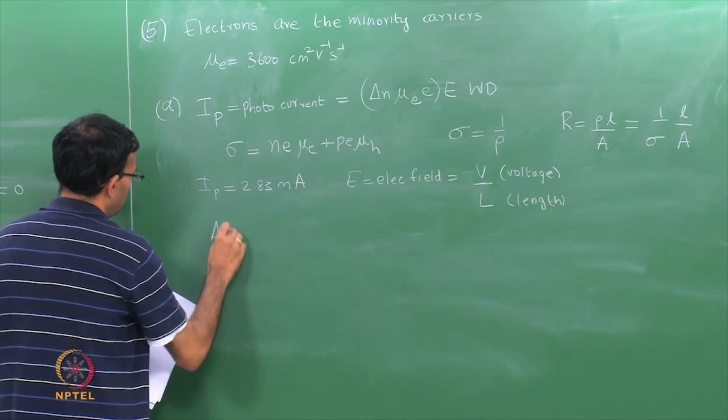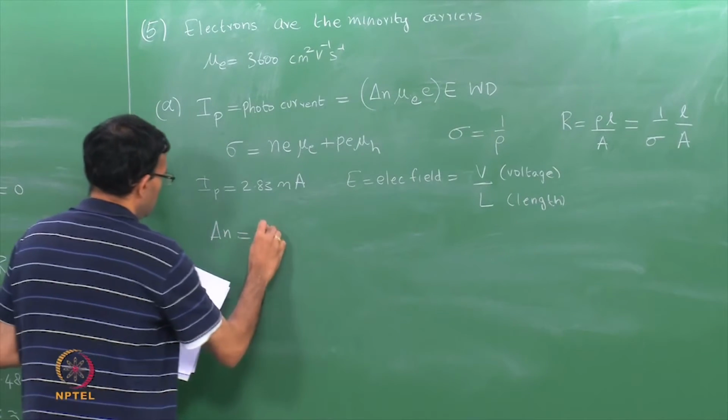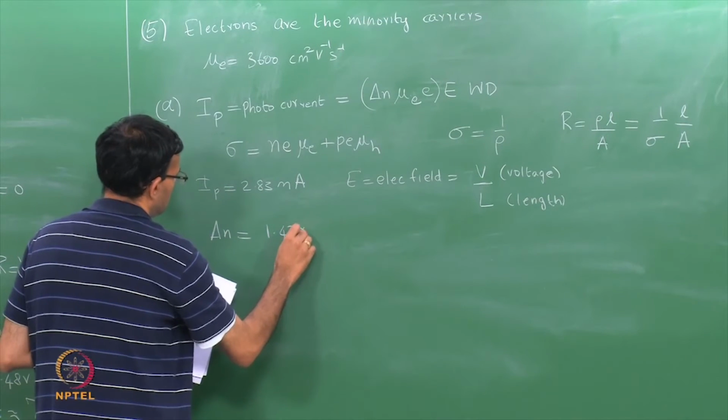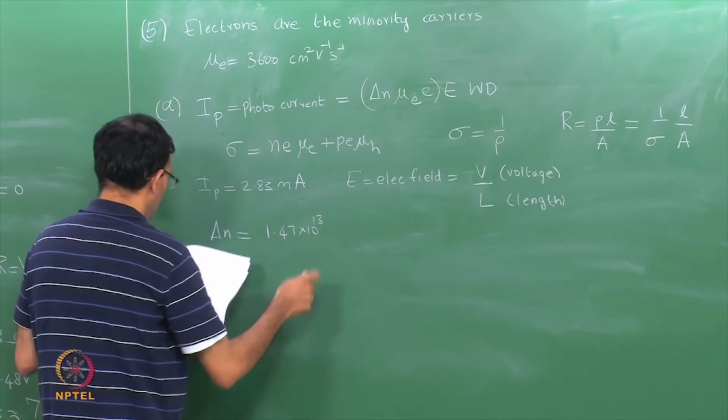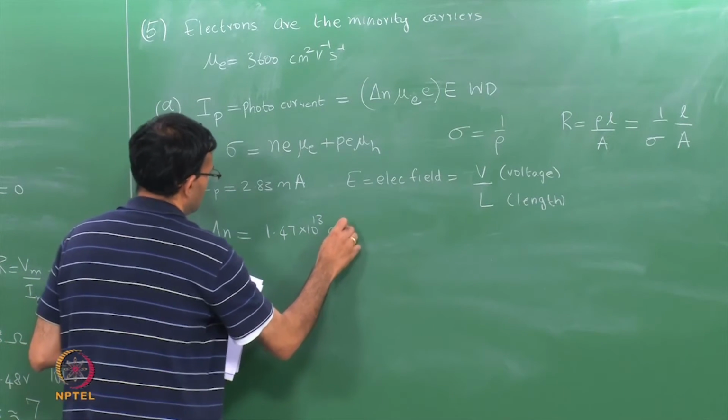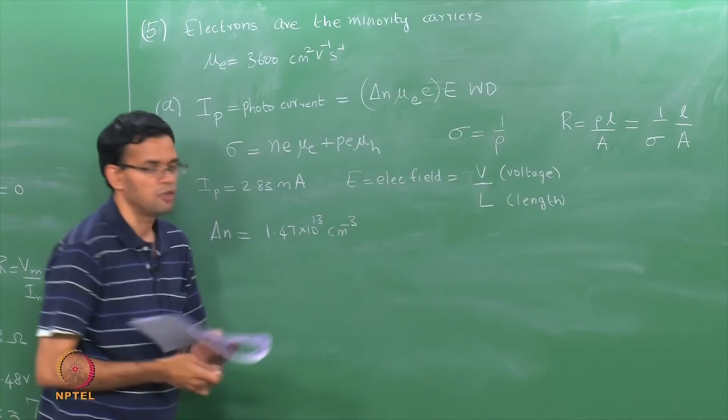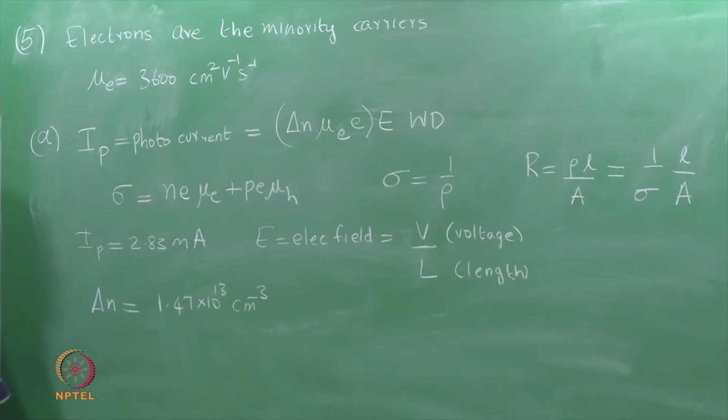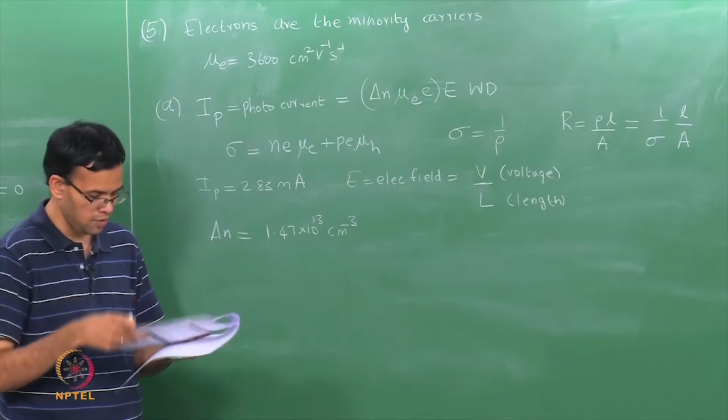Delta n is 1.47 times 10 to the 13 per centimeter cube. This is the excess electron hole pair concentration that is created when light is shining.